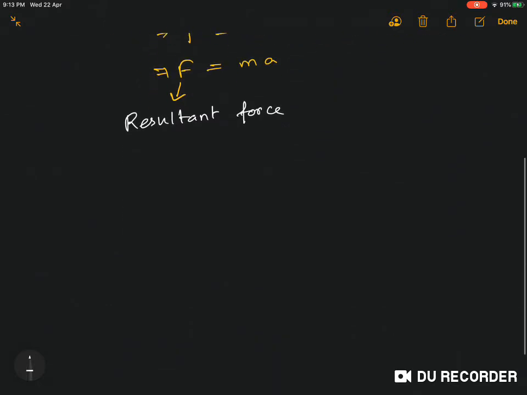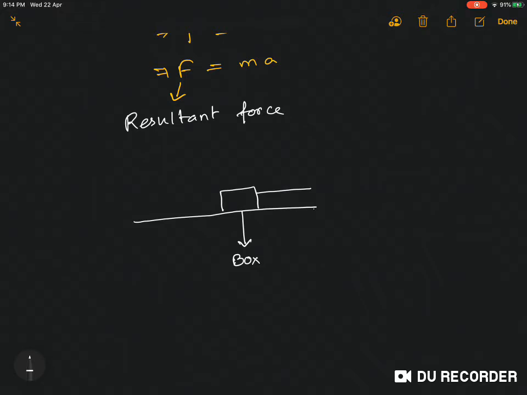Let's say this is a box, and a string is attached to the box. Here's another string attached to the box.